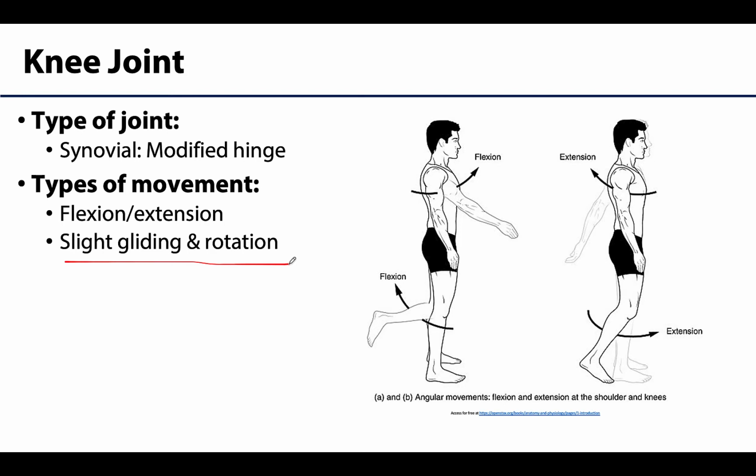That allows for a little bit of resting and not having to forcefully contract those muscles to maintain a full extension of the knee. And to unlock the knee, just a small amount of lateral rotation is needed. So when I say there's rotation, I mean very, very slight rotation, just to allow for a little bit of a better fit of the articular surfaces there.